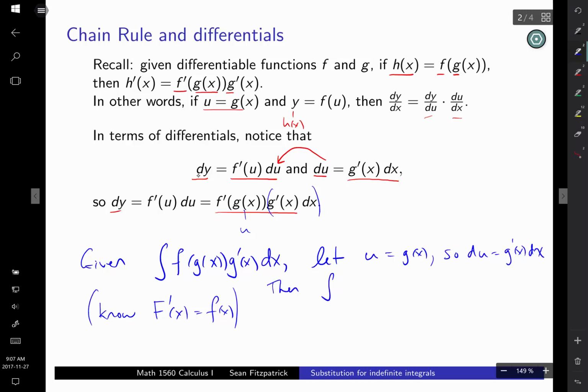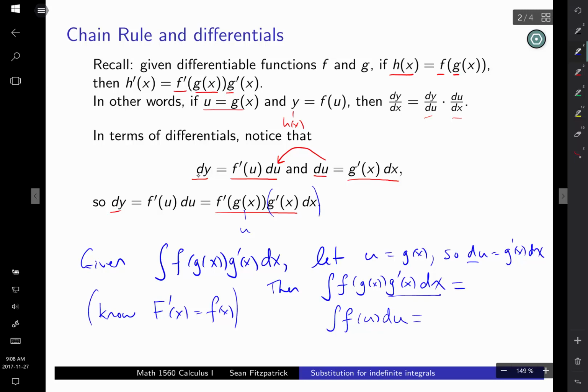Well, then our integral of f of g of x times g prime of x times dx is simply, since g of x is u and g prime of x times dx is du, f of u times du.